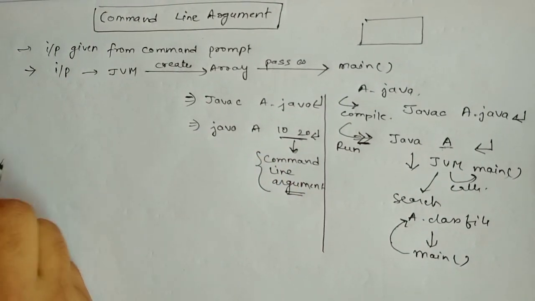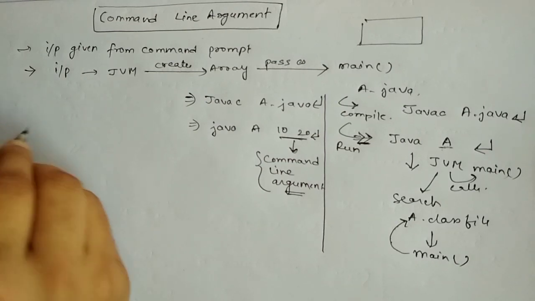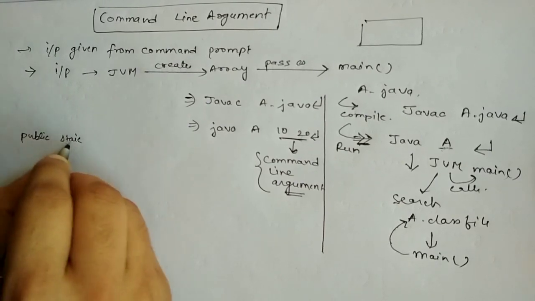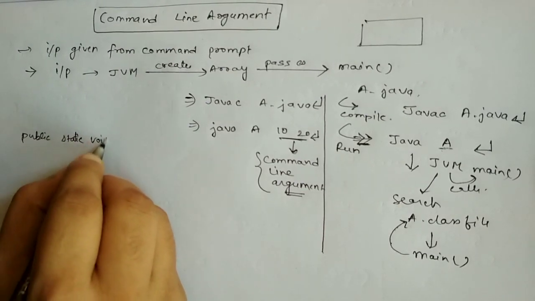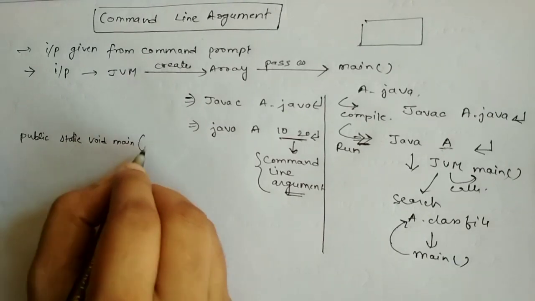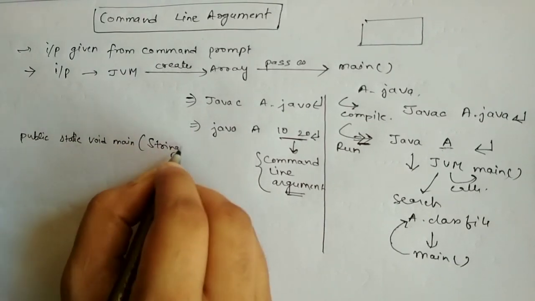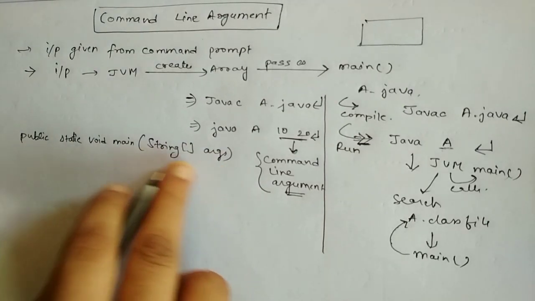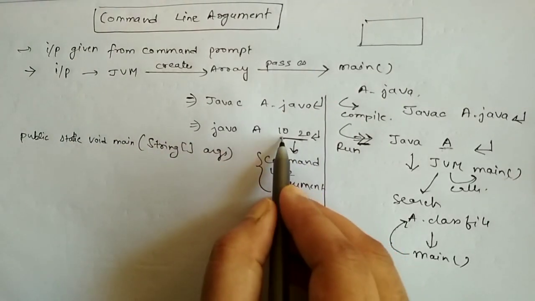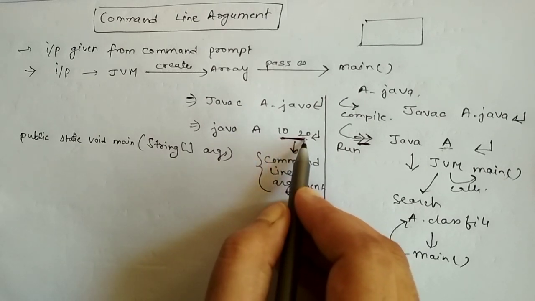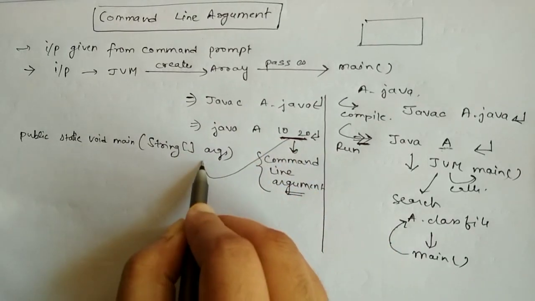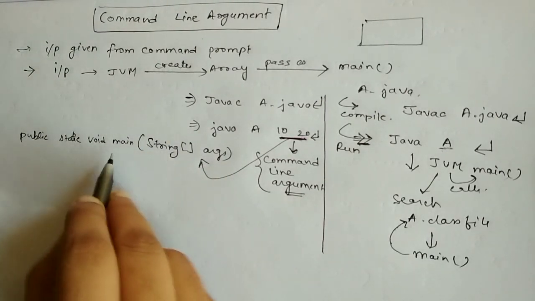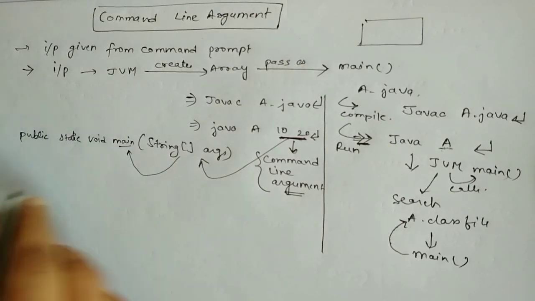You must have seen the main method syntax like this: public static void main, and here is a String. The argument is of string type, and it's an array of string type. Whatever we give as input in the command line argument comes in the format of an array to the main method.